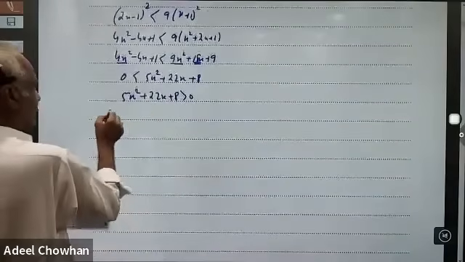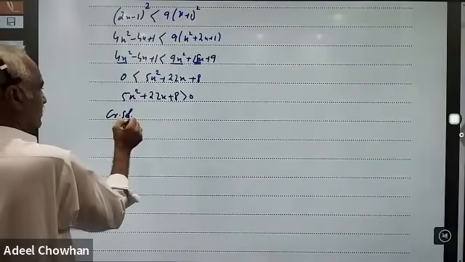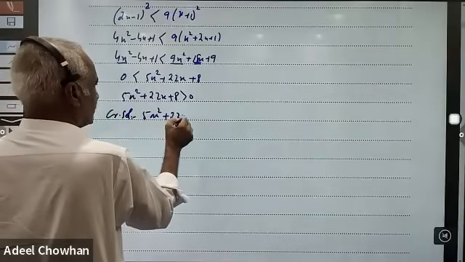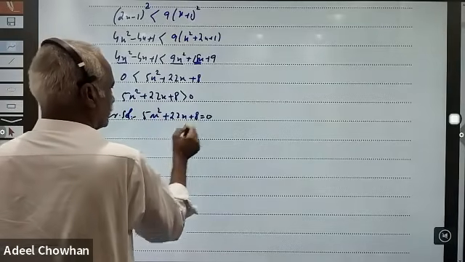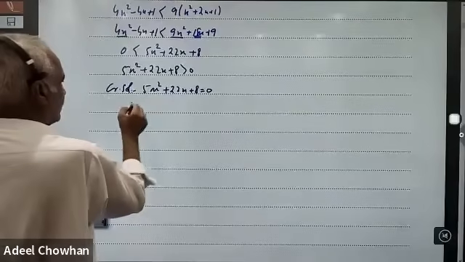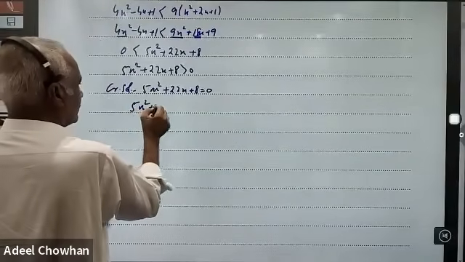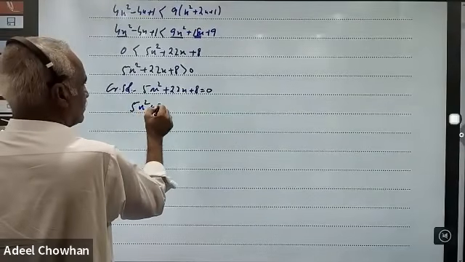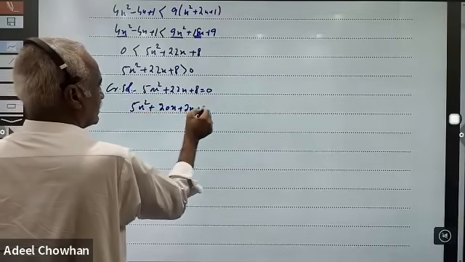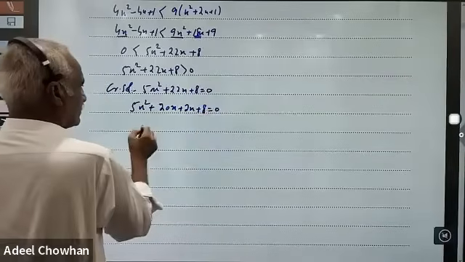Now you will find the critical values. That means 5x square plus 22x plus 8 equal to 0. 5 times 8 is 40, so by splitting the middle term, 5x square plus 20x plus 2x plus 8 equal to 0.